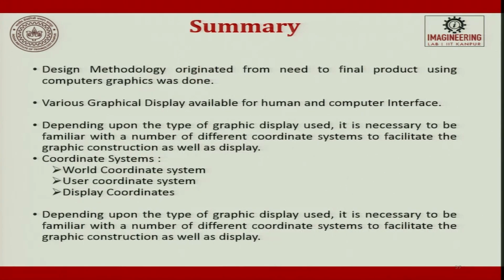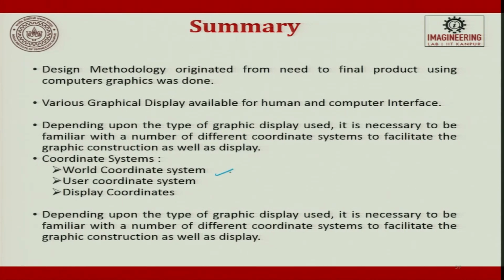To summarize what we saw in this particular chapter, we saw design methodology originates from need to final product using the geometric using computer graphics. Various graphic displays available for human and computer interface we saw. Depending on the type of graphic display used, it is necessary to familiarize the number of different coordinate systems to facilitate the graphic construction.